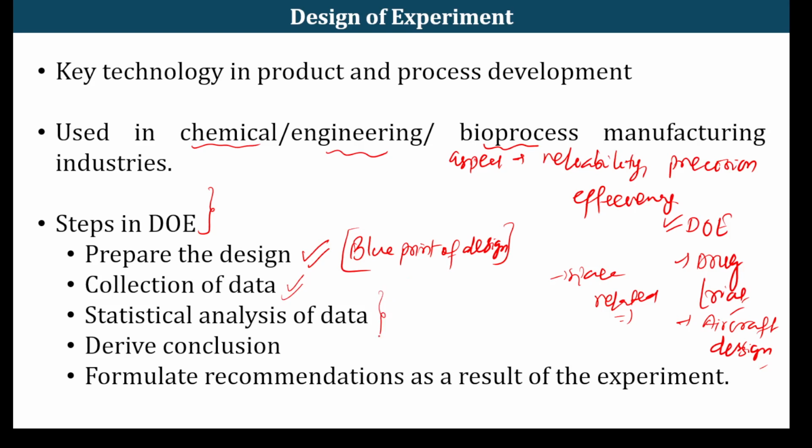Once you collect the data, you do the statistical analysis based upon the number of data you have, like test of significance, normality test, or the distribution. We have to do ANOVA testing and all these things. Then, based upon that, we conclude, and then formulate the recommendation as a result of the experiment. So these are some basic steps. We will elaborate all these steps in the coming slides also.